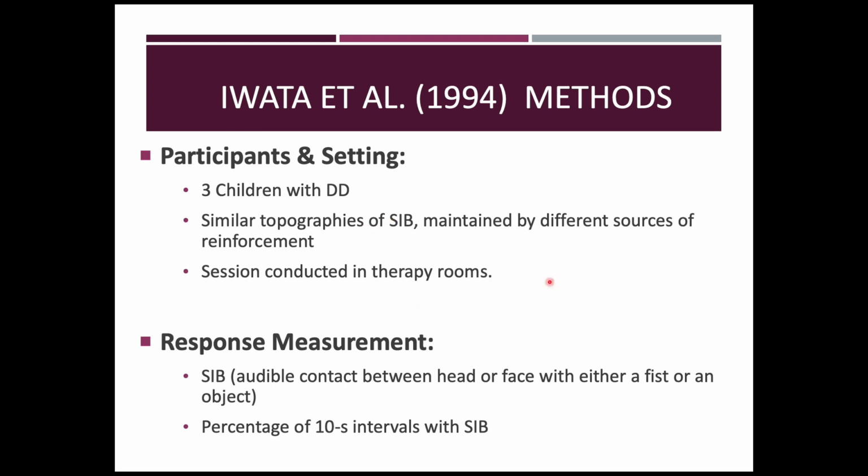So in other words, this is a clinical research study. These individuals were receiving clinical care, but the research was done in terms of identifying different functions of self-injurious behavior and how extinction would apply to each of those functions.